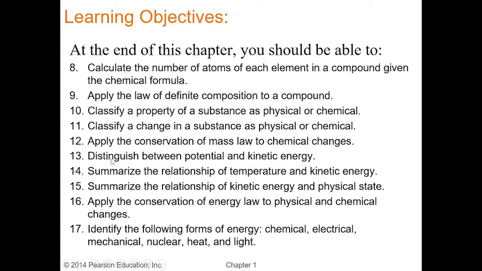Number 13, we will distinguish the difference between potential and kinetic energy. Number 14 and 15, we will summarize the relationship between temperature and kinetic energy, as well as kinetic energy and its physical state. Number 16 is to apply the conservation of energy law to physical and chemical changes.